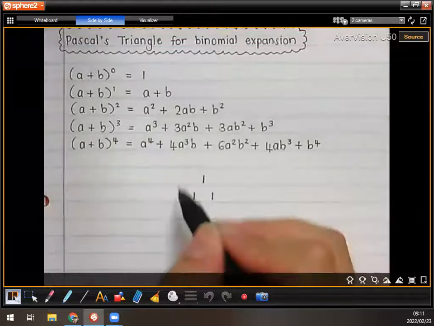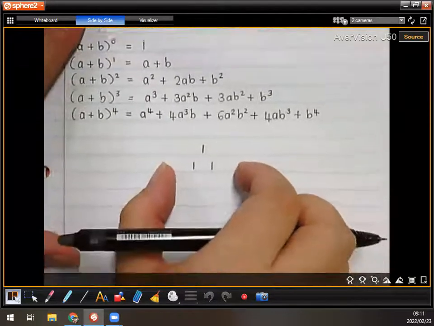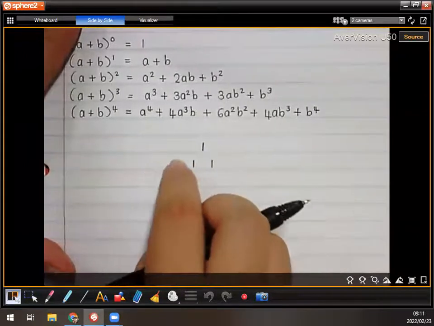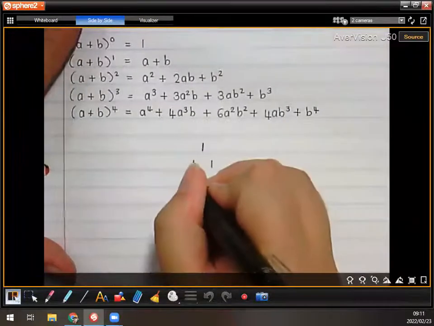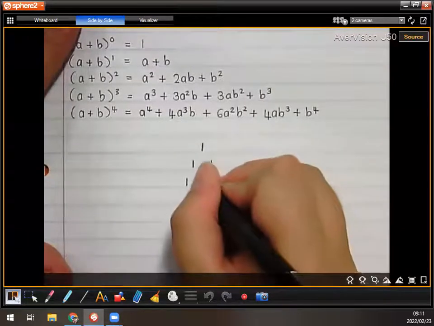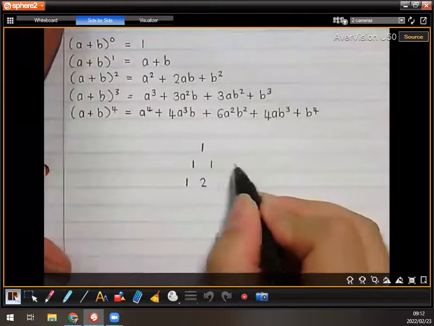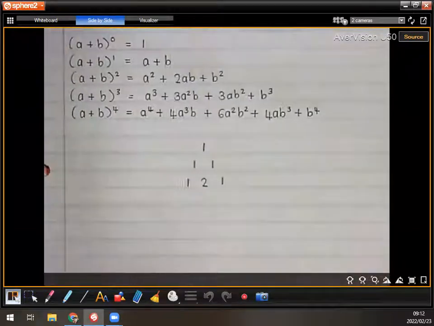Every time we don't have anything on either side of the 1, it's technically a 0. So for the next row, this 0 plus this 1 is 1. This 1 plus this 1 is 2. And then this 1 plus this 0 is 1.